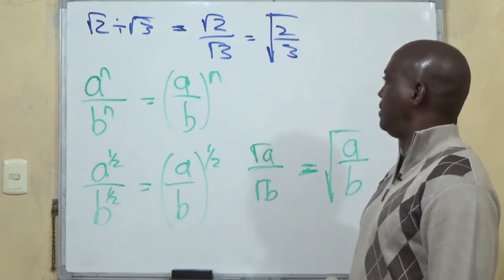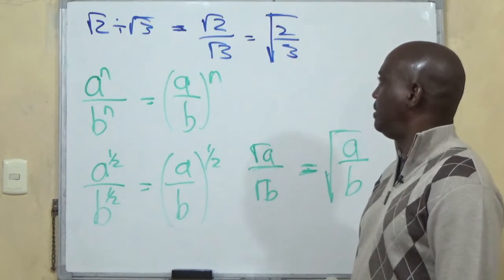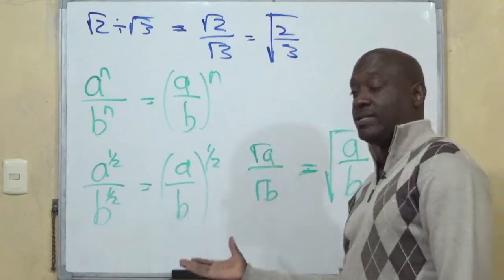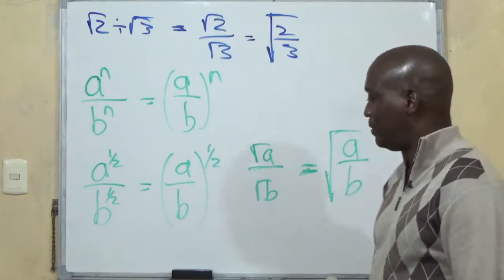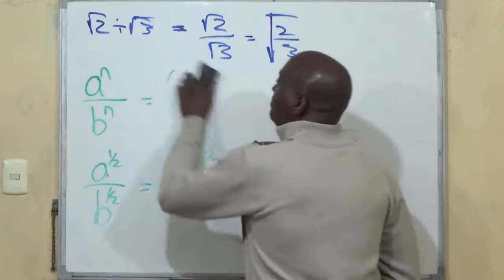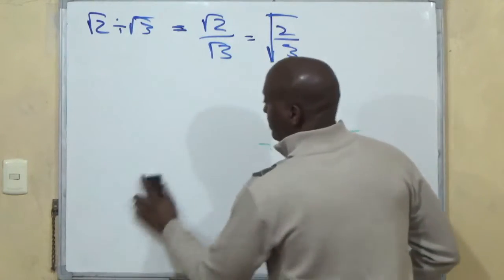Of course, we could then extend the argument by dividing a mixed surd by a simple surd, or a simple surd by a mixed surd. We could do that too. Let me use the same 2 and the 3, just for continuity.